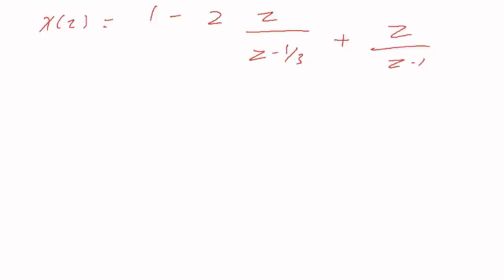So let me write it here one more time. X of z is equal to 1 minus 2 z by z minus 1 by 3 plus z by z minus 1. So I can write x of n now because it is a simplified form. This was a complicated equation.